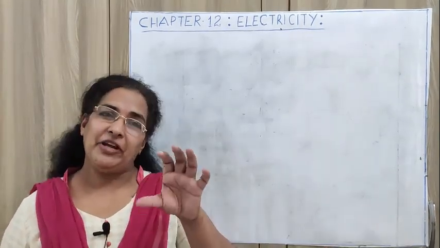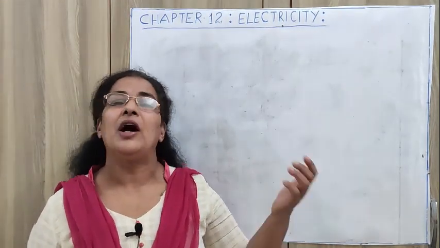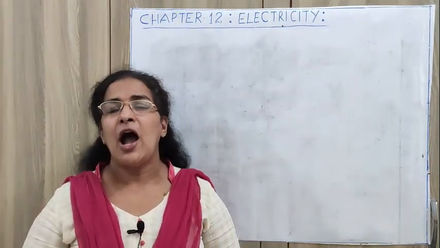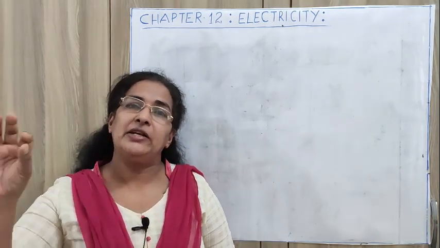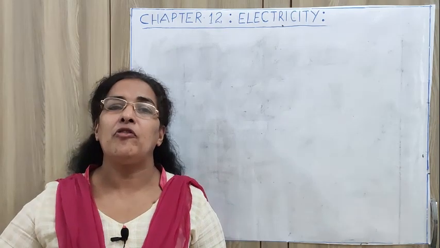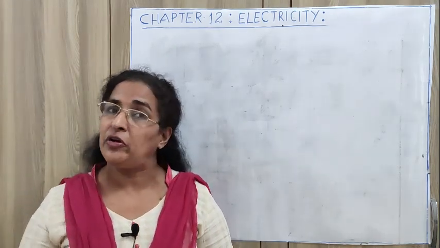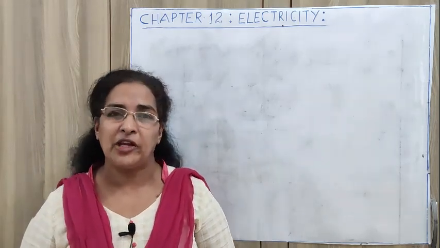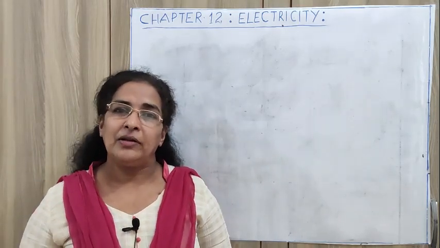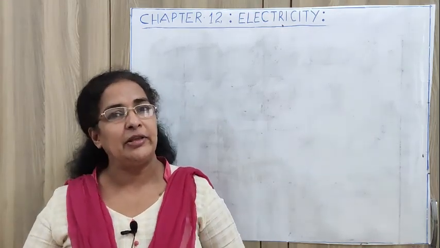The heating effect of current has some desirable consequences and some harmful consequences also. Harmful consequences are these. First of all, electrical energy is wasted in the form of heat energy. It's dissipated in the form of heat energy wherever it is not needed. For example, if our fan is getting heated up when it is working for some time, that heat energy is dissipated, that much electrical energy is wasted there.